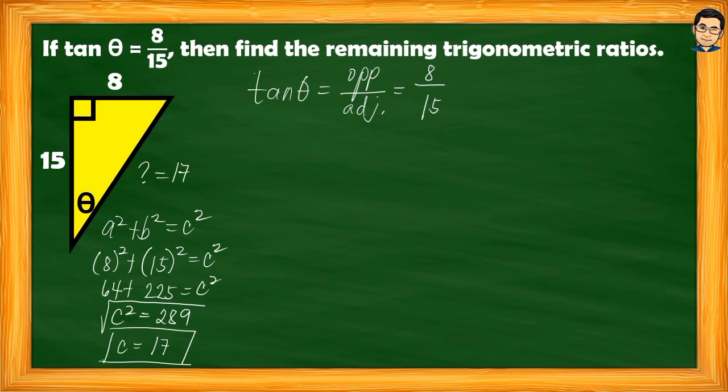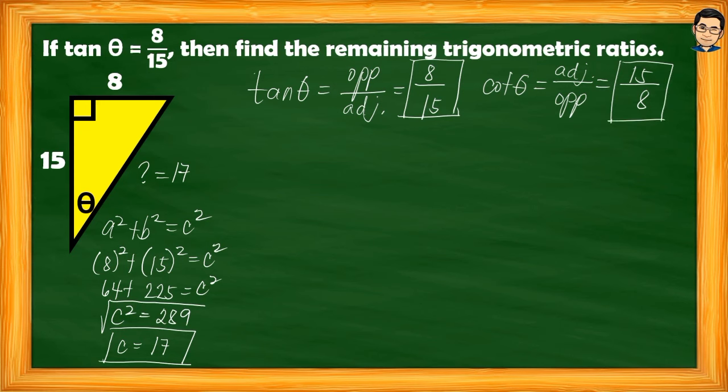So dito muna tayo sa tangent theta. Yung kanyang reciprocal is cotangent, di ba? So cotangent theta, that is adjacent over opposite. So adjacent is 15 and then opposite is 8. So 8 over 15 tsaka 15 over 8. Next, let's have sine theta.